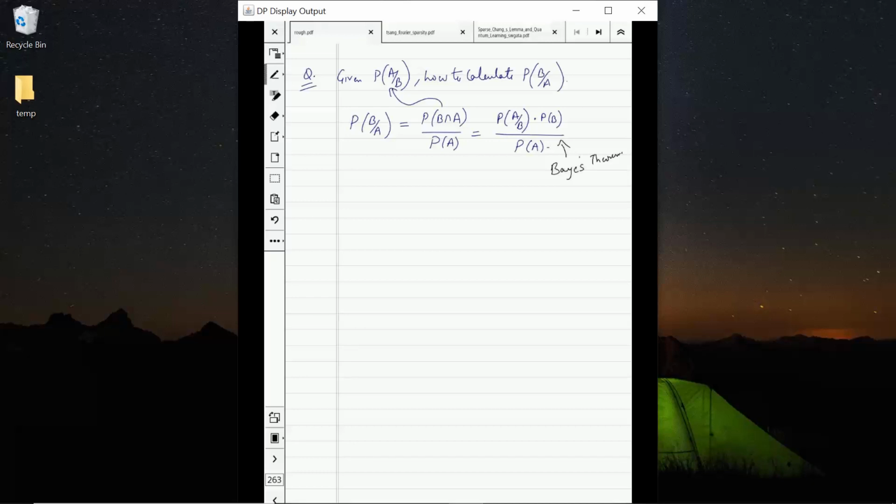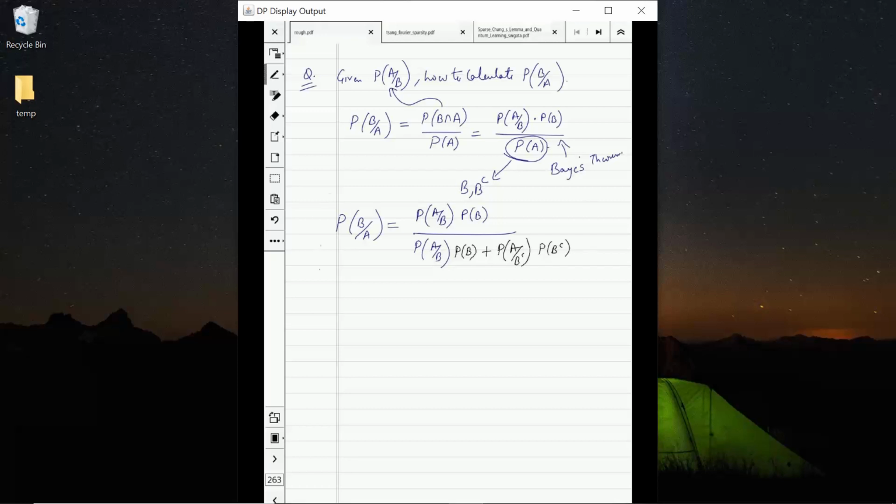Actually, most of the time it is utilized by dividing this into two events B and B complement. What do I mean? Notice that I will just check the denominator. You remember the partition formula. Event A can be divided into two parts, or my whole sample space can be divided into two disjoint parts, B and B complement. So either A happens because B has happened, or A happens because B complement has happened.